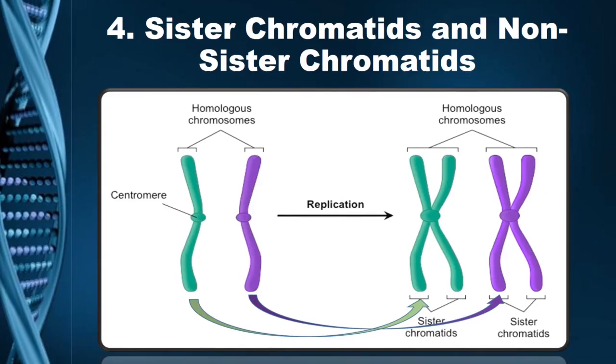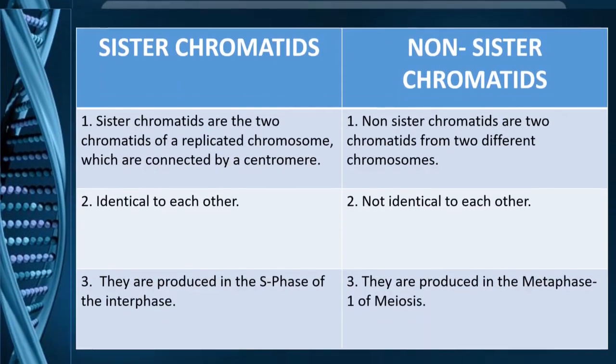The two arms of the green chromosome, and of the purple chromosome separately, will be called sister chromatids, as they are both attached to the same centromere. But if I say one arm of green and one arm of purple, they are going to be called non-sister chromatids, as they are not attached to the same centromere.